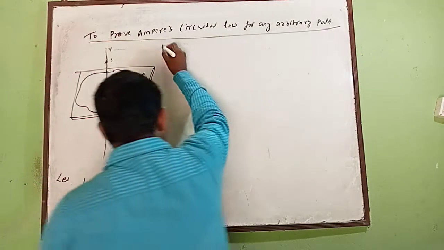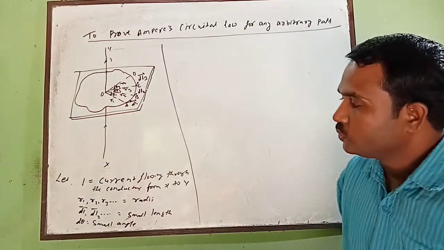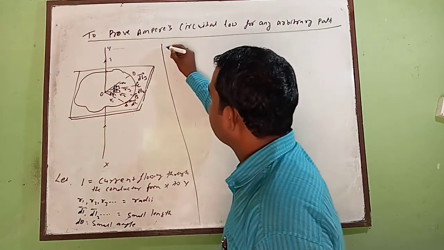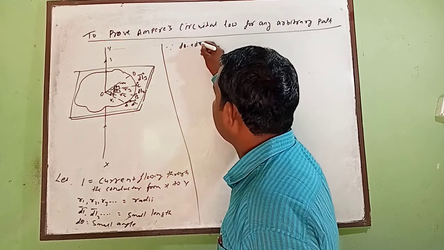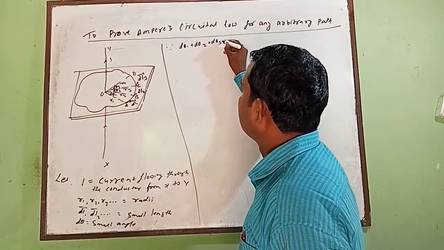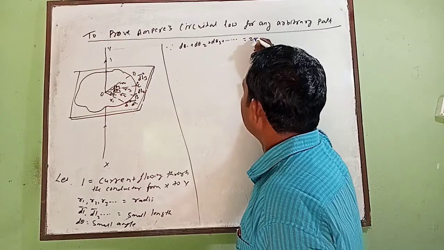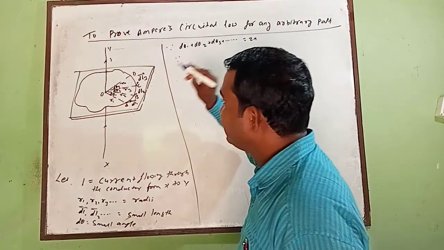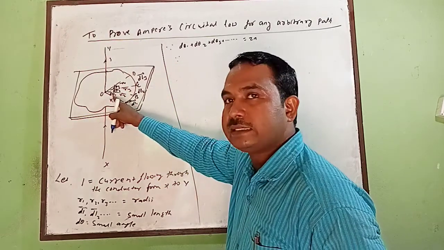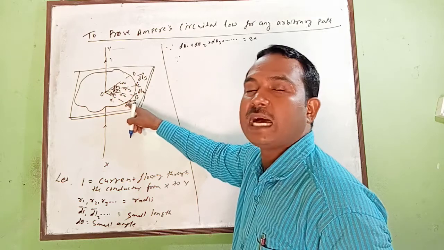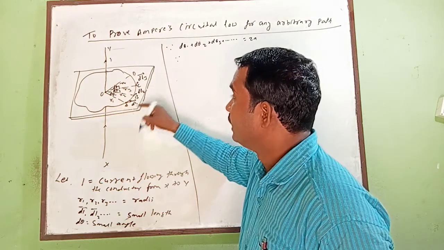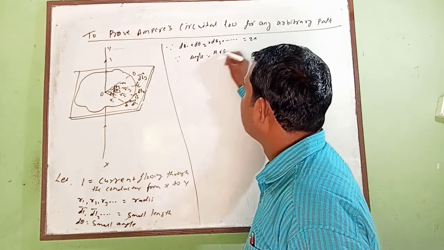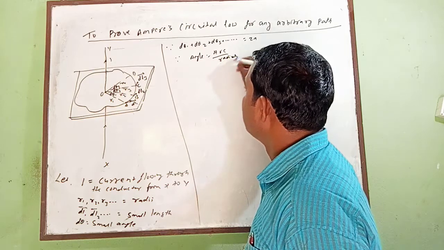Now see, we can use the statement of Ampere circuital law, but before that, since d theta 1 plus d theta 2 plus d theta 3 plus and so on equals 2 pi, we can write this. And another thing you know: if there is an angle and an arc, this means dl. Since angle equals arc by radius, you know this formula.